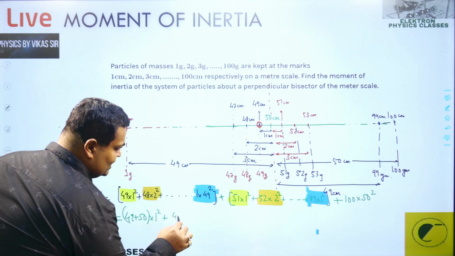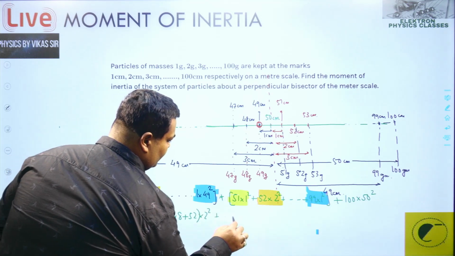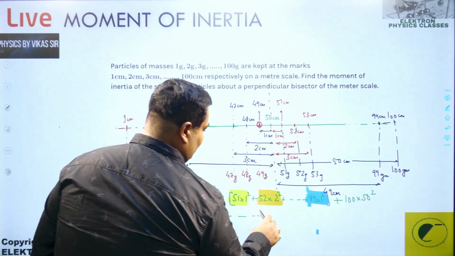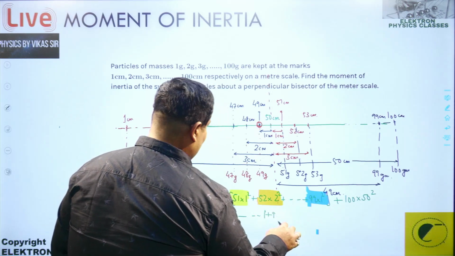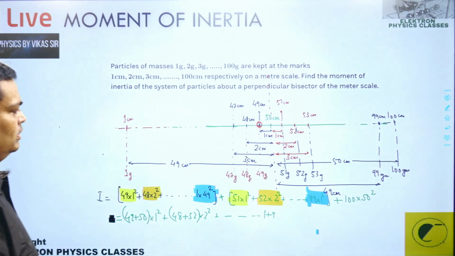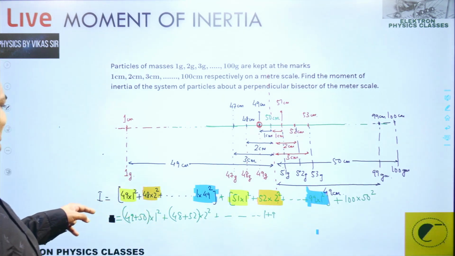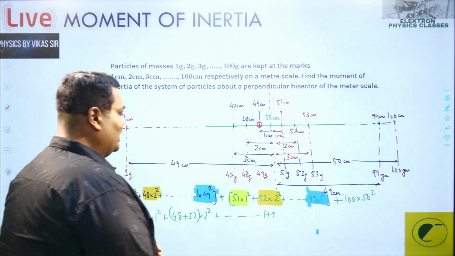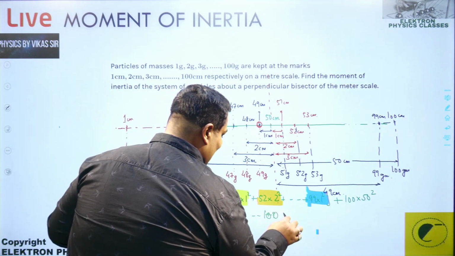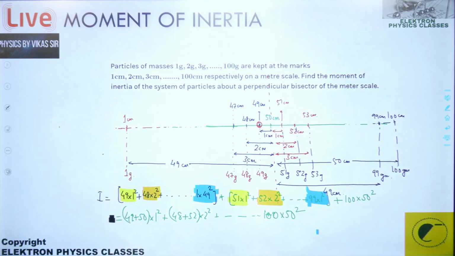Then the next one, that is 48 plus 52 into 2 square, and so on. So over here, you will get 1 and plus 99 over here. That's adding up, and so on, 49 into 1 square and so on. And the last sum over there, that is 100 into 50 square. Keep adding. So what do we get?